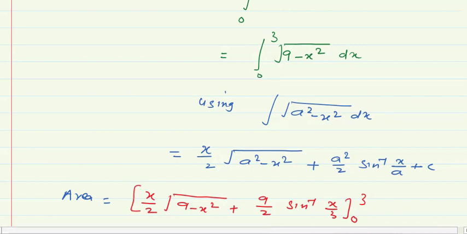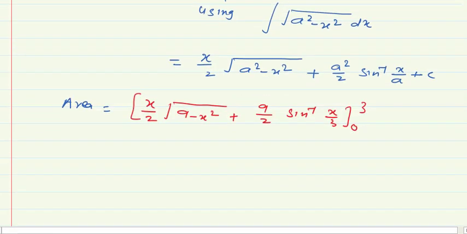Now applying upper limit minus lower limit. If we apply 3 over here, clearly this is 3 upon 2 into 0, since 9 minus 9 is 0. So this is 0 plus 9 upon 2 sine inverse 3 upon 3, that is 1.